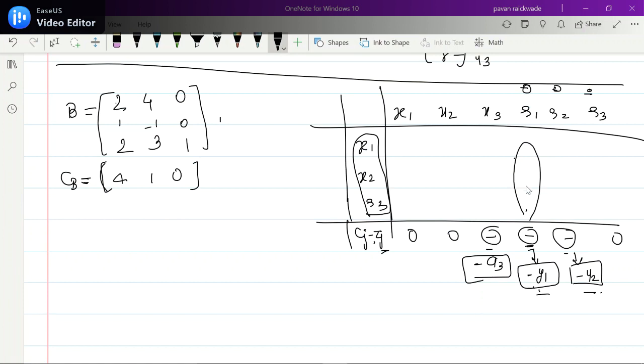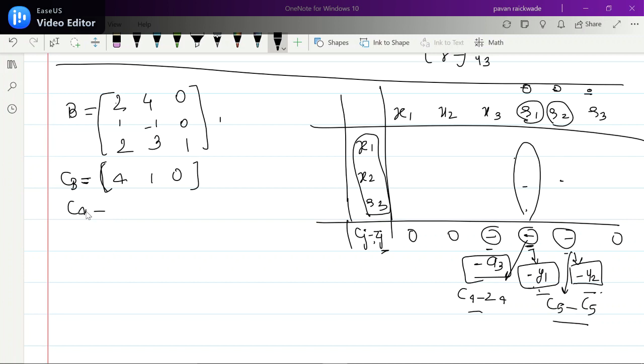We have to find this column, in fact just the Cj minus Zj values for these two variables. I write them as C4 minus Z4 and C5 minus Z5.